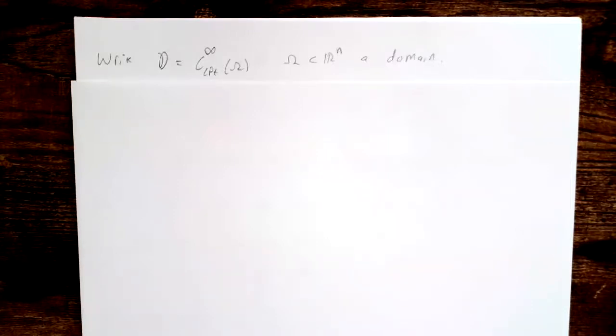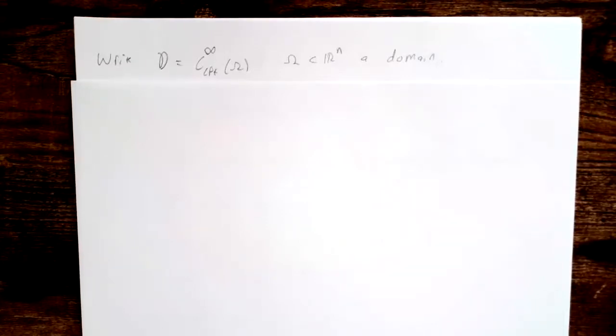The support being the closure of the set of points in the domain such that the function is non-zero. Closure meaning take the set of points in the domain where the function is not zero and include the boundary of that set. That's the support of the function.